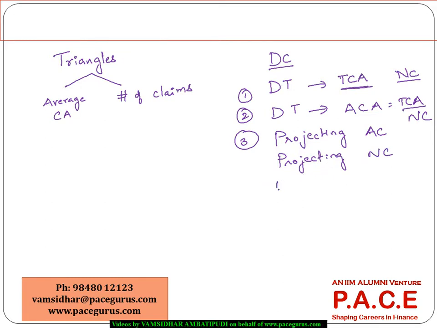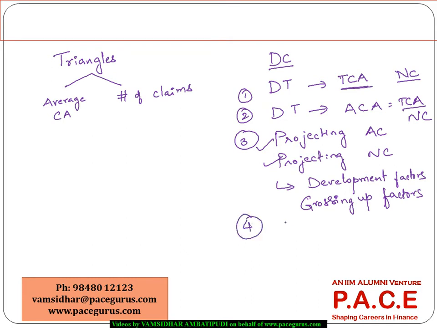We'll talk about two mechanisms. One is the development factors mechanism, which we have seen, or I could even use what are called grossing up factors. We'll discuss this. Grossing up factors approach or a development factors approach. We'll project these two things separately. Then, based on this, we'll go with the projected ultimate claims.